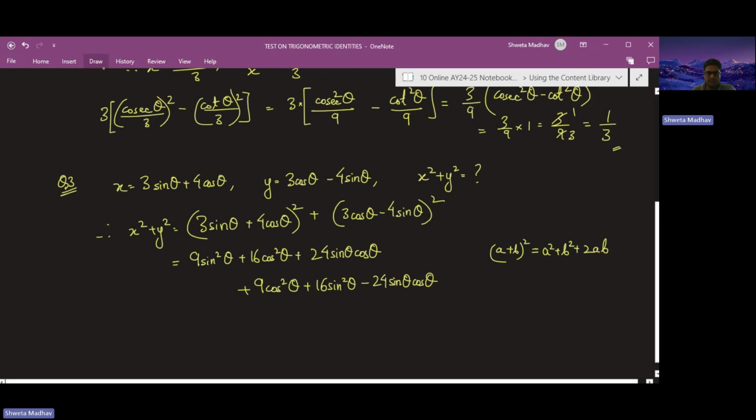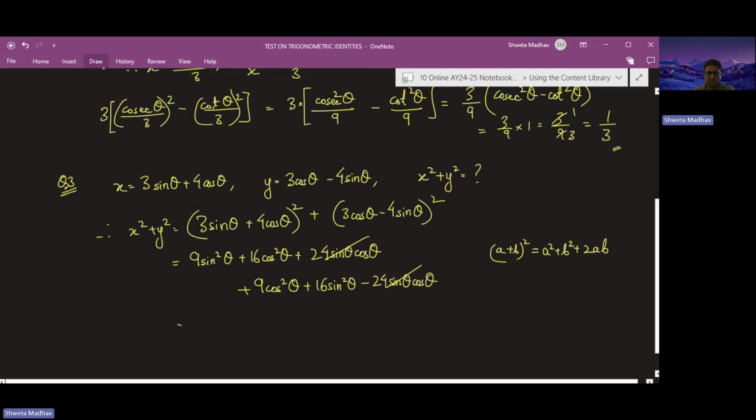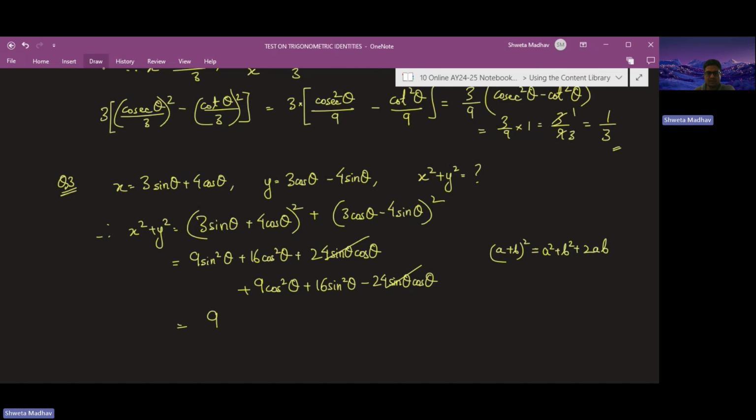So now these two terms will get cancelled, since plus 24 sine theta cos theta and minus 24 sine theta cos theta will cancel. So I can write 9 sine square theta plus 9 cos square theta plus 16 cos square theta plus 16 sine square theta.